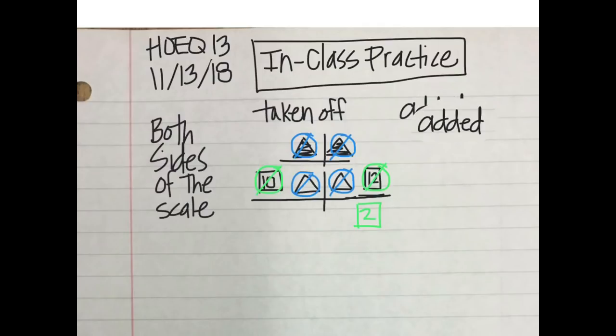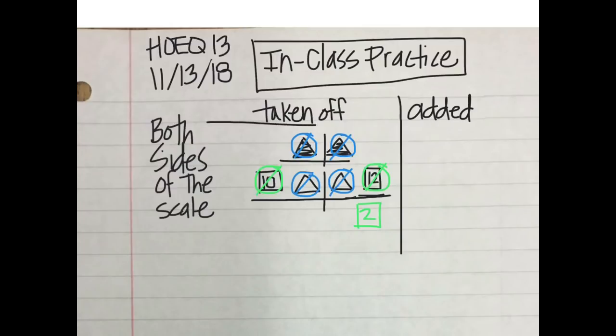I am going to move my added over just a little bit to the right, because what I'd like to do is make a line, a kind of a little T-chart. The other thing we've been able to do, and we just learned, is that we can also bring in things on both sides of the scale.